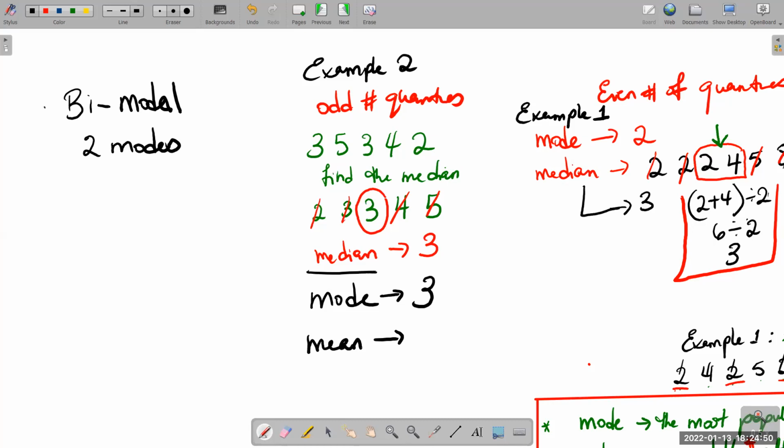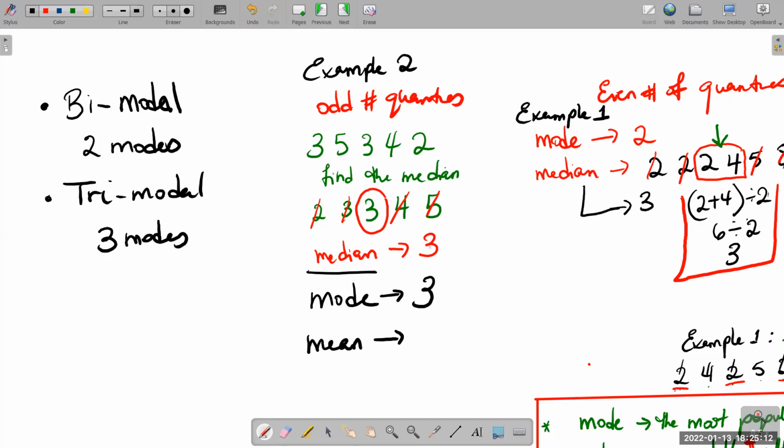And obviously, if you have a bimodal, it is possible to have a trimodal entity. What does tri mean? If bi means 2, how much is tri? Tri would obviously be 3 modes. Okay? All right, so easy stuff.